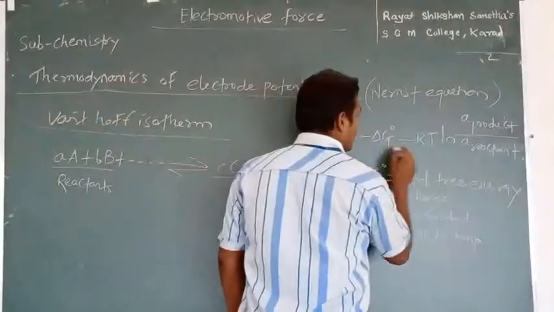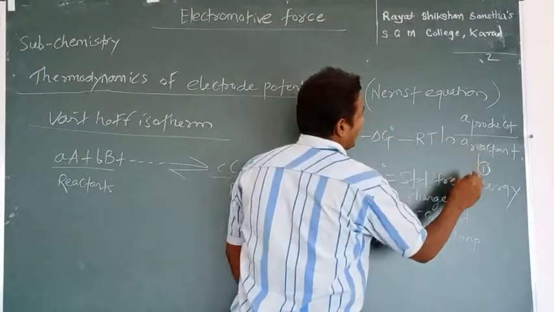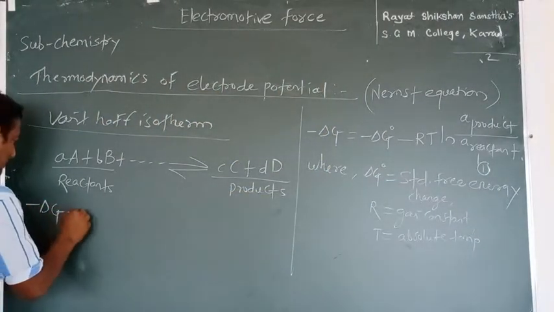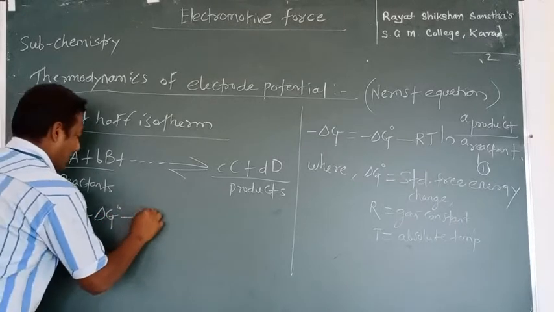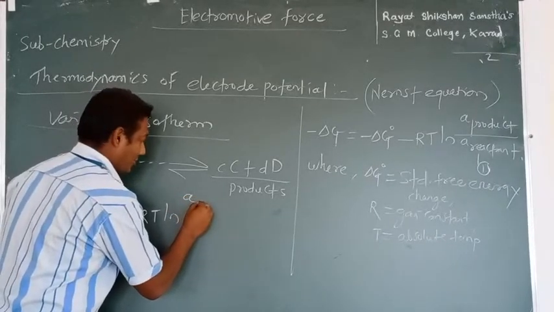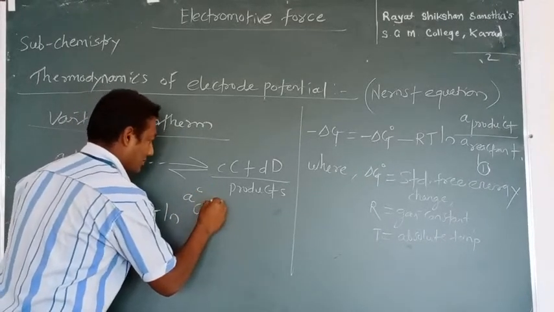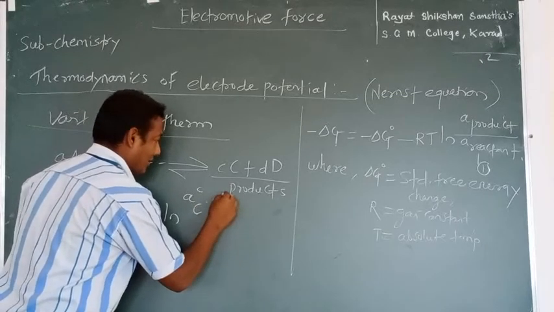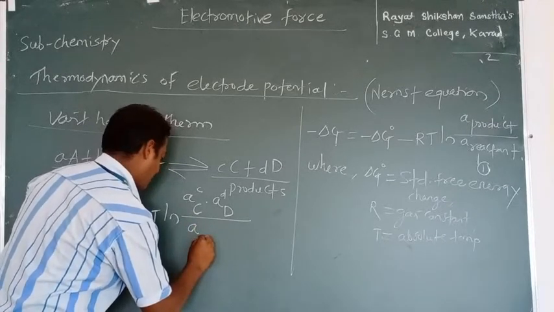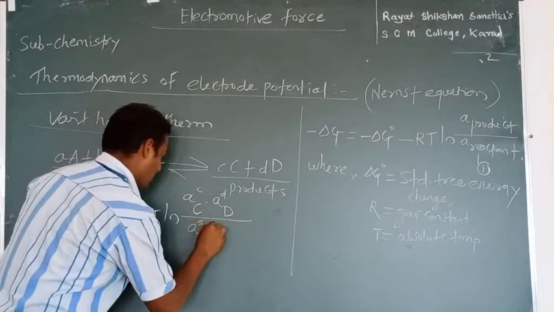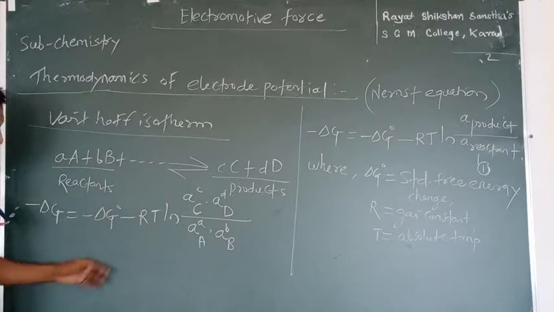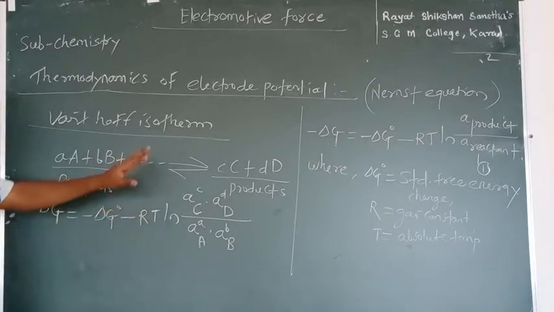Consider this as equation number 1: minus delta G0 minus RT ln activity of C to the power c into activity of D to the power d, divided by activity of A to the power a, activity of B to the power b. You can also write it this way, by putting the values of product and reactant.